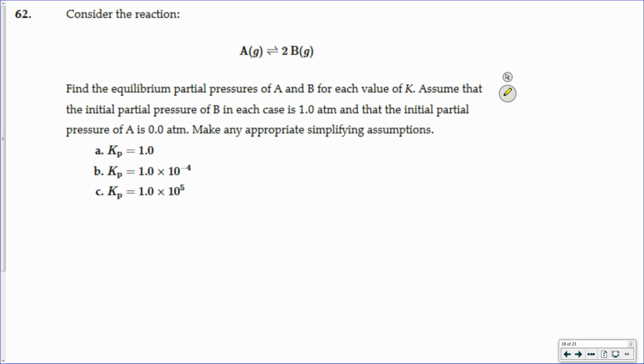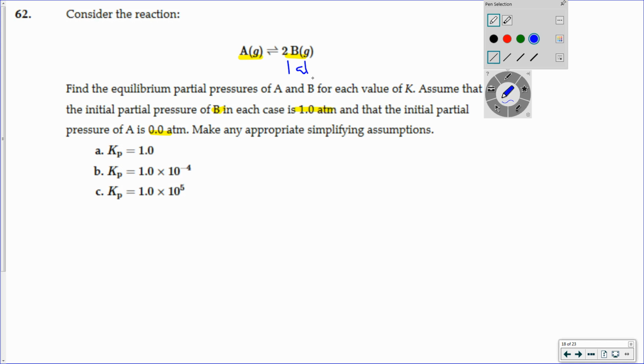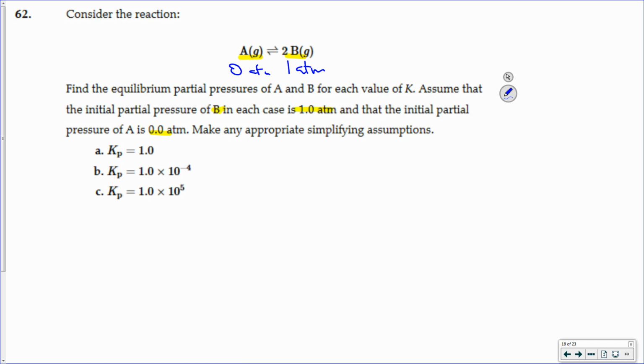What you're starting with is B at 1 atmosphere, and this one's at 0 atmospheres. It wants to know what the equilibrium concentrations are, and we'll just do the first one.